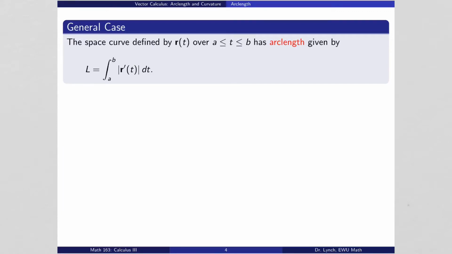In general, if you have a space curve defined by vector r of t over an interval from a to b, then the arc length is the integral of the magnitude of the derivative of that vector valued function with respect to time. This is something we can usually compute, and it can be messy at times, but it gives us a nice, concise way to describe the arc length.